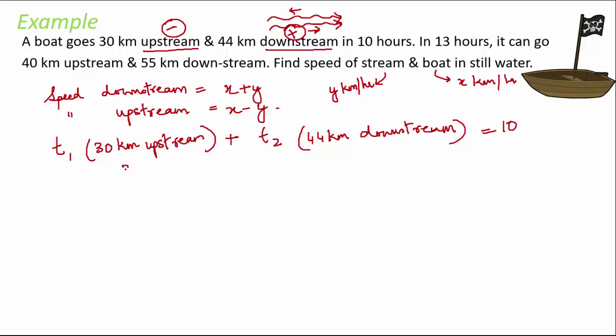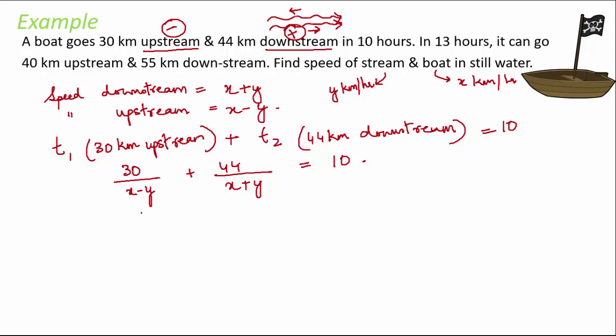Time taken is always distance traveled, which is 30 kilometers, divided by speed. The speed here is x minus y because it is upstream, plus the time taken to cover 44 kilometers downstream, so 44 divided by x plus y, is equal to 10. Let's assume that this is our first equation.